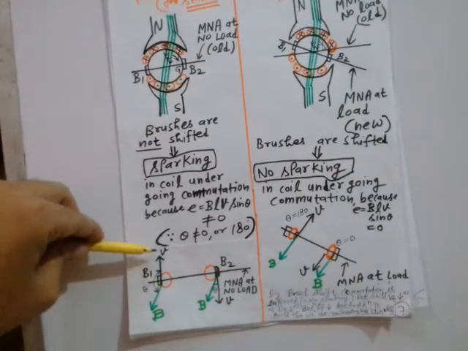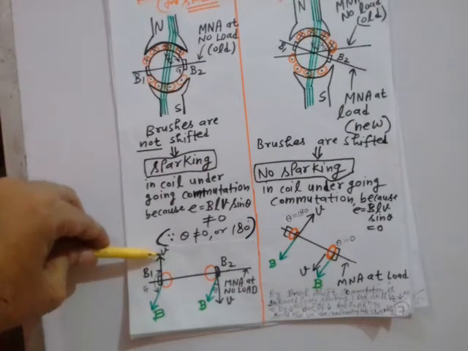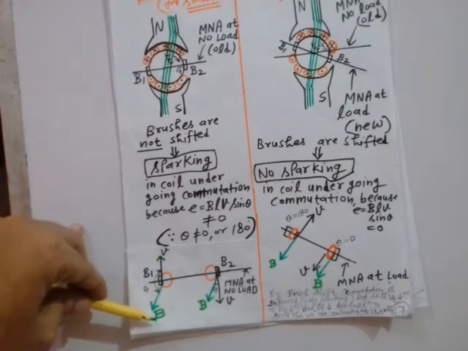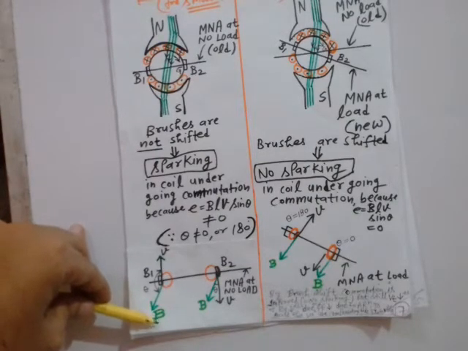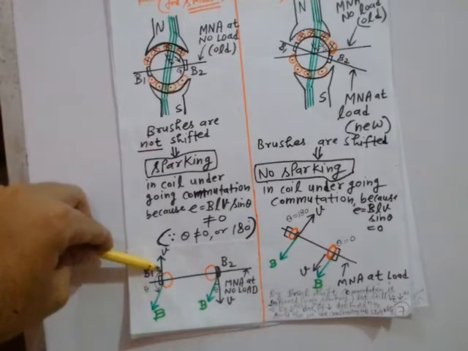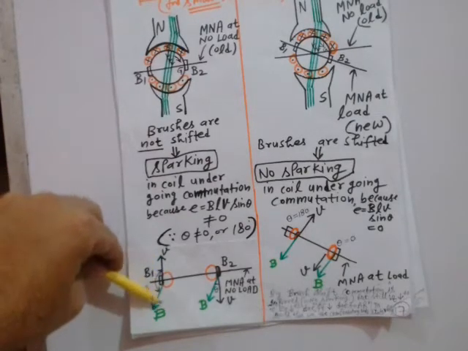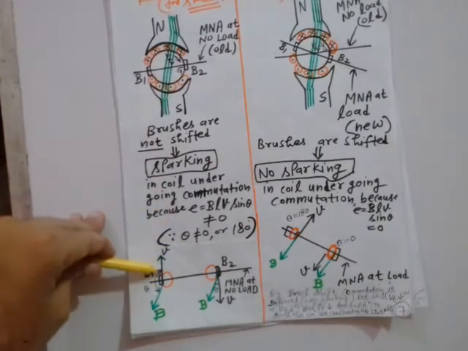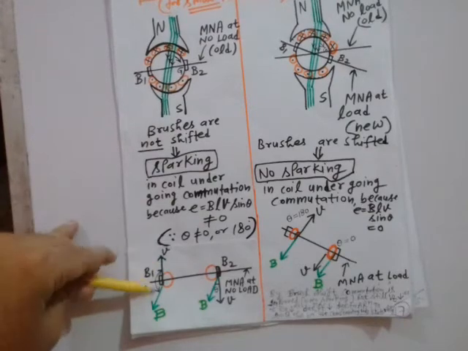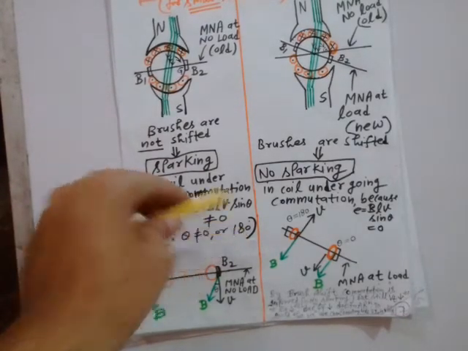And now you tell me, what is the angle between this small v and this B? Small v is the peripheral velocity, and B is representing the magnetic field lines. So now the angle between these two is this much. This is theta. This angle theta is neither 0 nor 180.